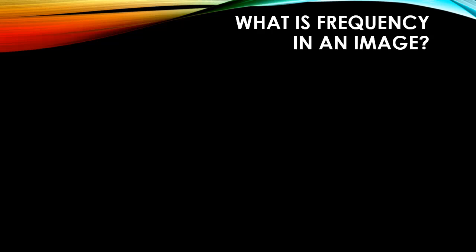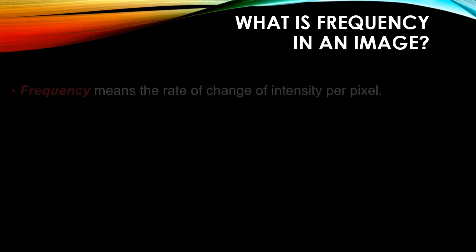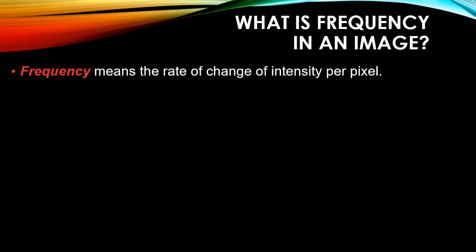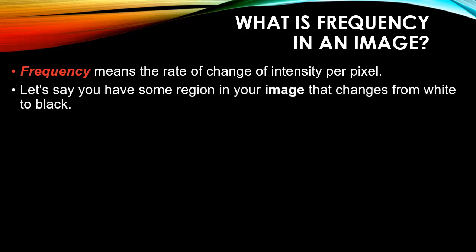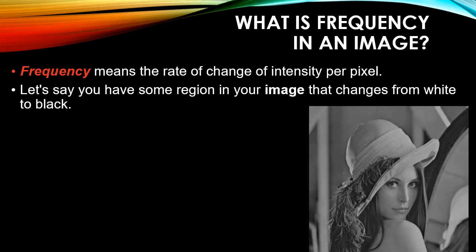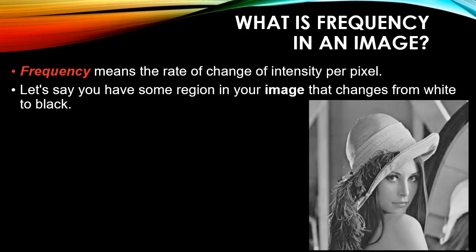Before we continue with the topic, let us first understand what is meant by low frequency and high frequency component in an image. So frequency means the rate of change of intensity per pixel. So let's say you have some region in your image that changes from white to black. So let us consider this popular image of Lena, which is widely used in most of the image processing research papers or in books also.